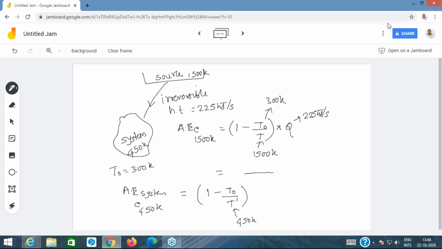Okay, and because there is no heat loss, the same amount of heat is being supplied. So that will give us the available energy of the system at 450 Kelvin.